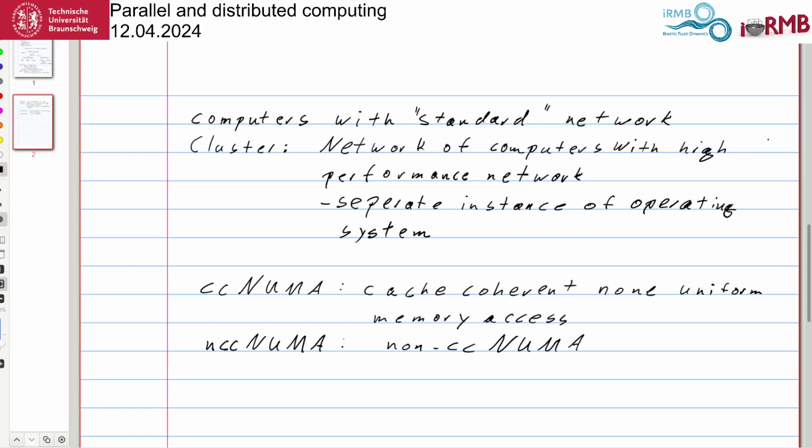What would it mean that the cache is coherent? You have two cores working together in a shared memory. One accesses the memory first, does something to it, and then the other one is accessing the memory.